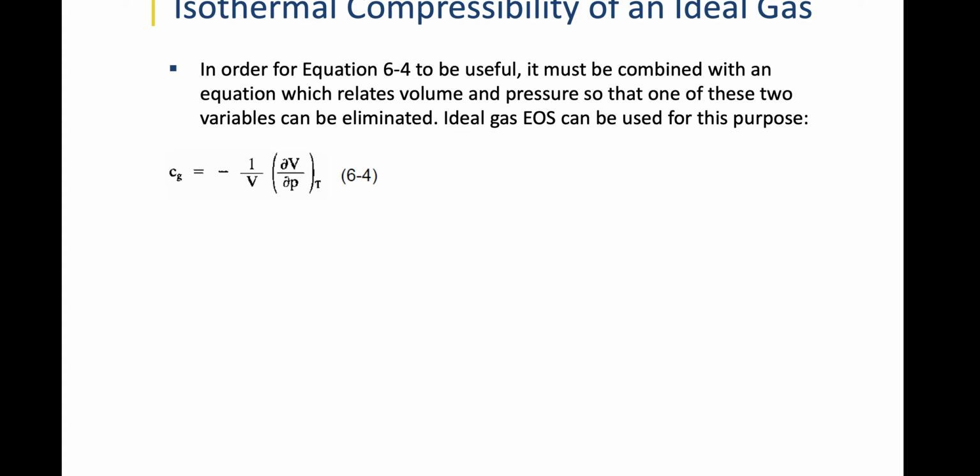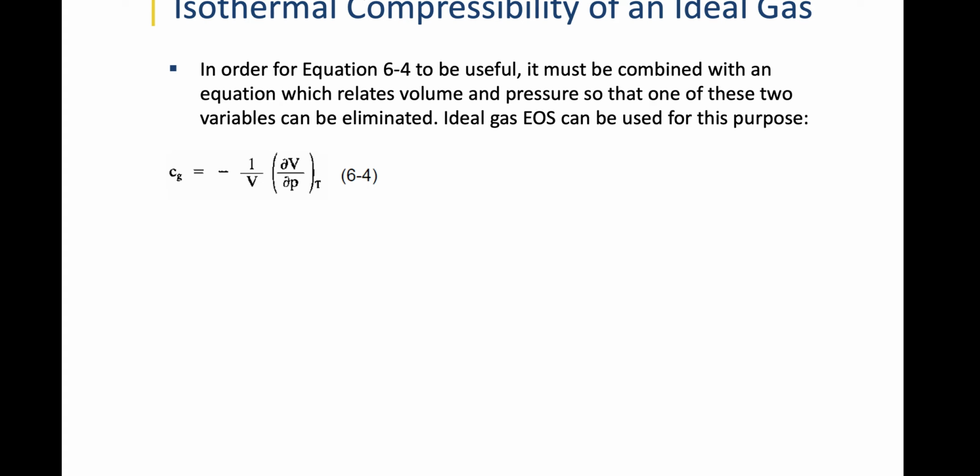However, in order for equation 6.4 to be useful, it must be combined with an equation of state that relates the pressure, temperature, and volume, because I want to eliminate one of these components from my equation.